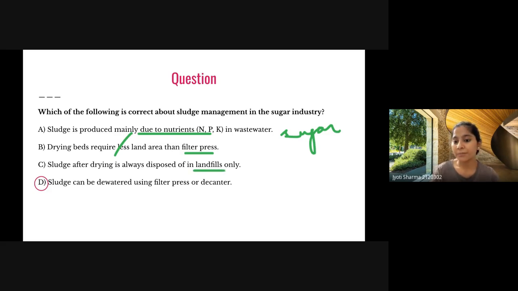No, landfill is the last option, but we can also incinerate, or even use it as manure. We can use this sludge in different useful forms. And sludge can be dewatered using filter press or decanter. Yes. So that is the technique to remove water from the sludge to make it drier. We can use filter press, and we can also use decanter.